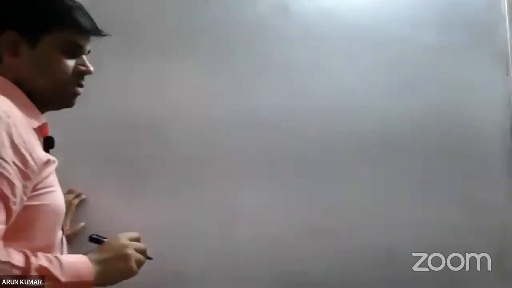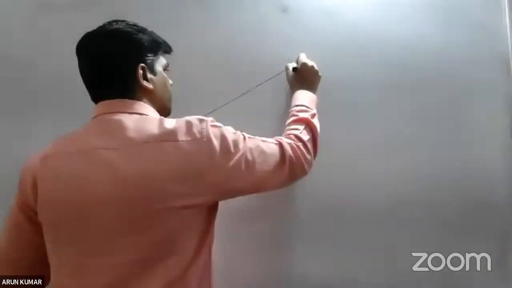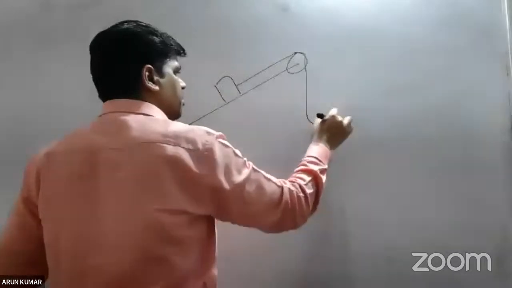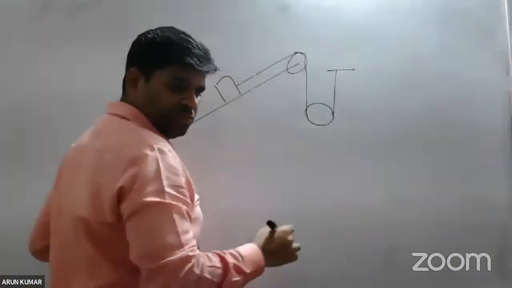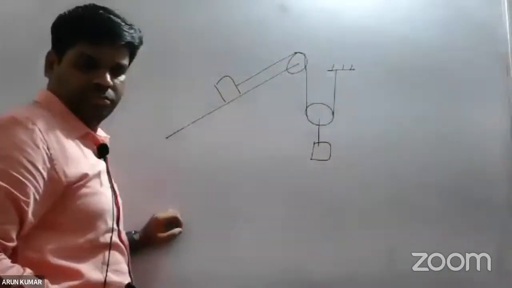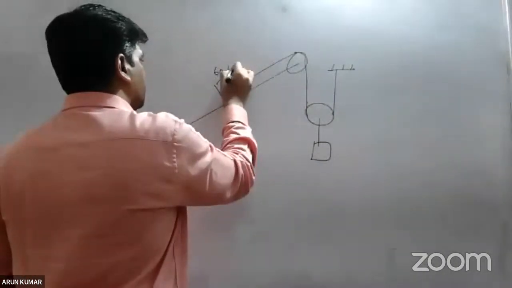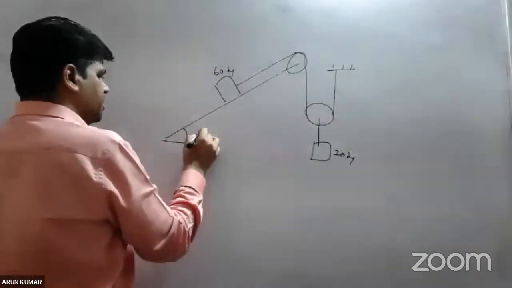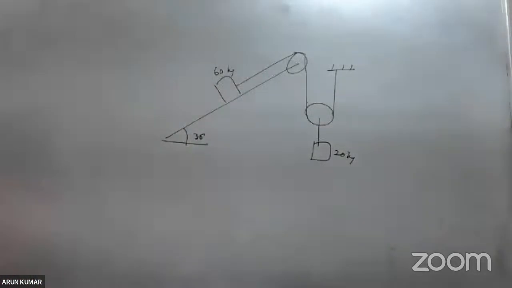Okay, let's look at another inclined plane problem. A 60 kg block and a 20 kg block. This angle is 30 degrees. Alright, I have to determine the acceleration of the blocks.